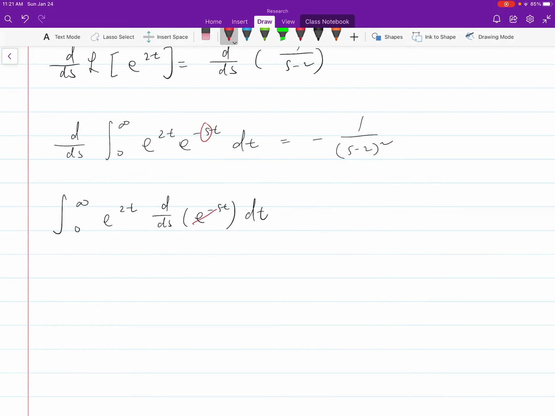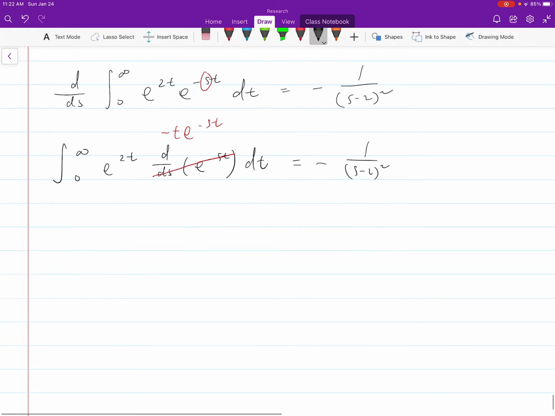Now, what is the derivative of this? That is going to be, if I'm taking the derivative with respect to s, t is a constant. All right, now let's clean things up a little bit.